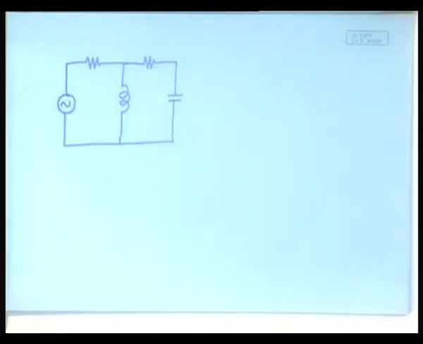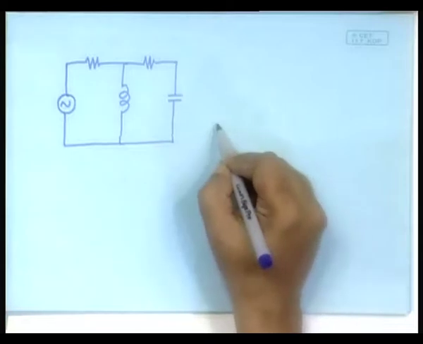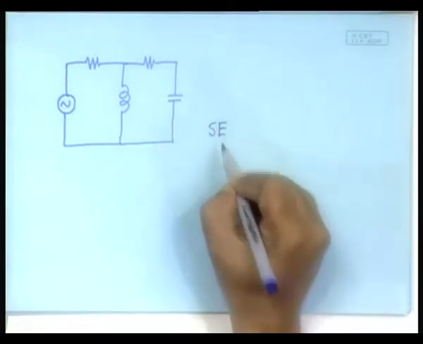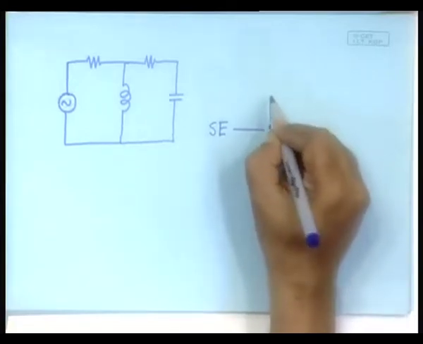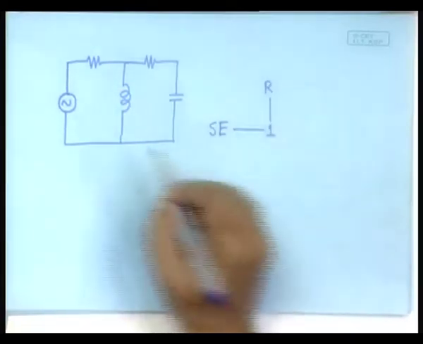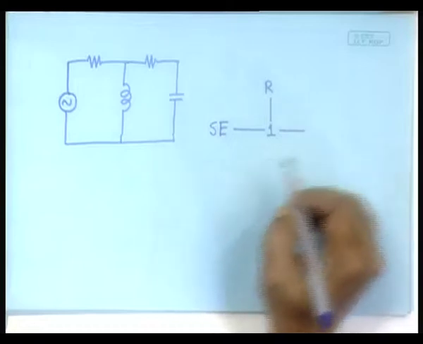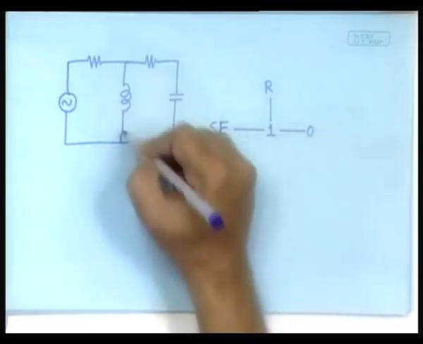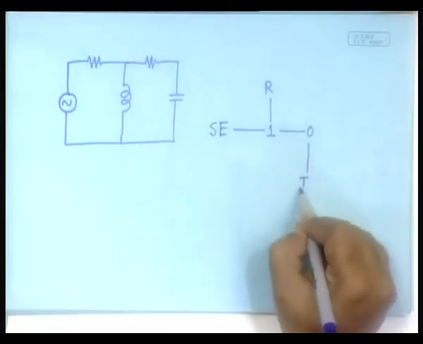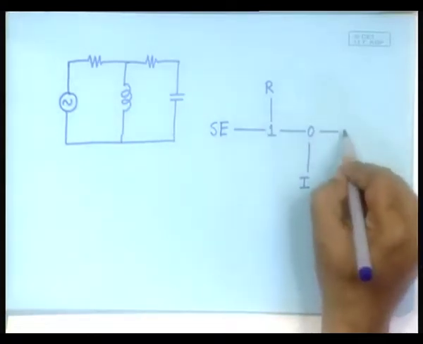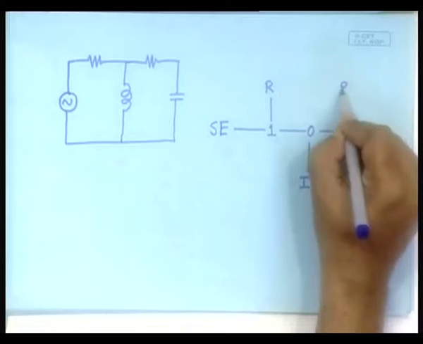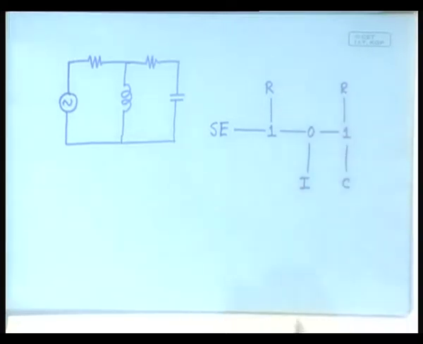Now, let us draw the bond graph of it. SE connected to I, connected to R, in parallel with I. Here it is a series arrangement of R and C.